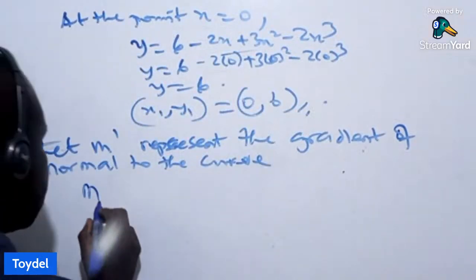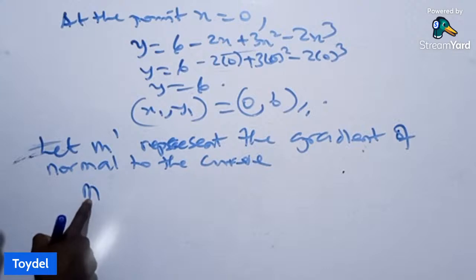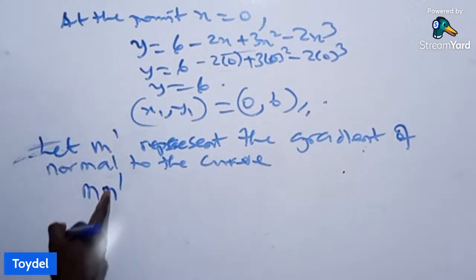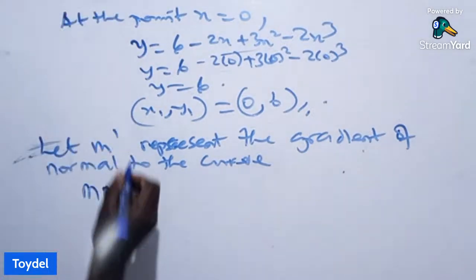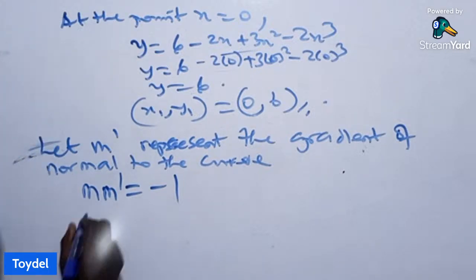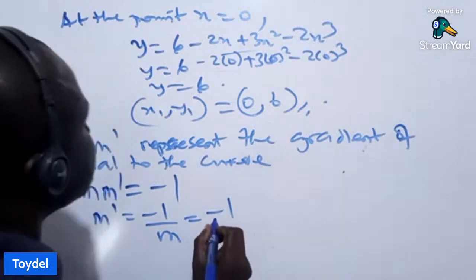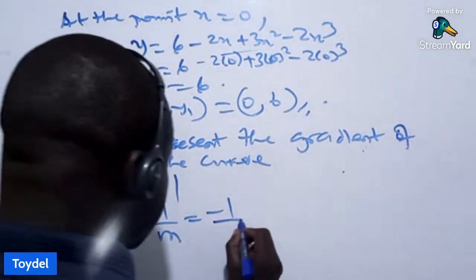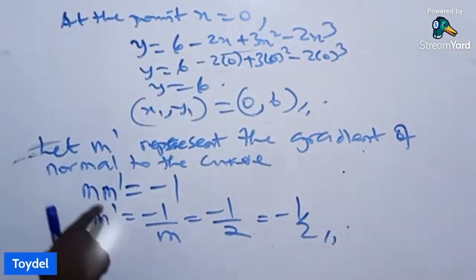So the product of the two, m, the gradient of tangent, multiplied by m prime, the gradient of normal, because tangent and normal are perpendicular, will give us -1. Then m prime will be -1 all over m. We have gotten the value of m in this case to be -2. That will be -1 all over -2. So we have gotten that to be a half. So the gradient of normal will be this.